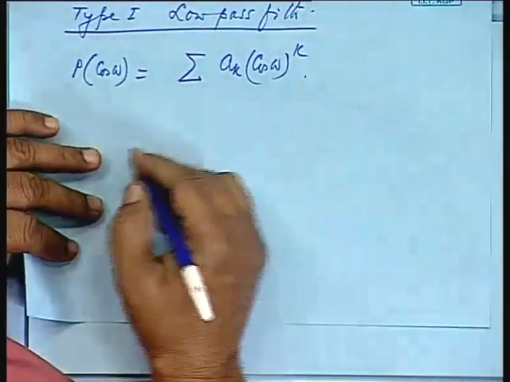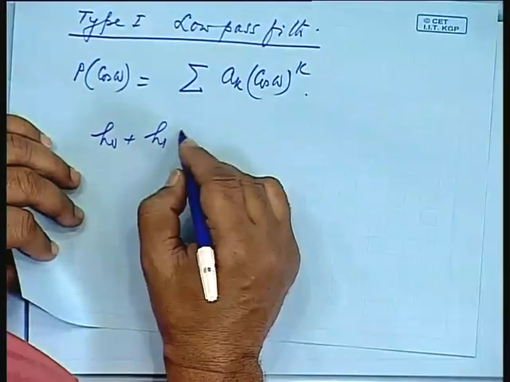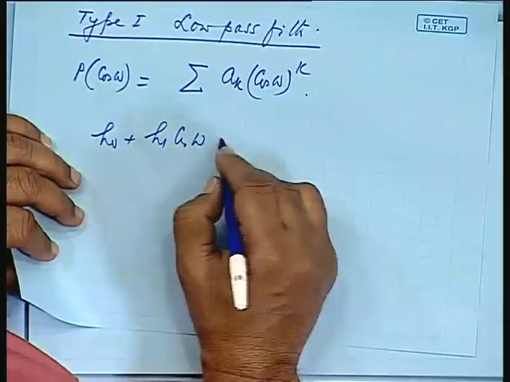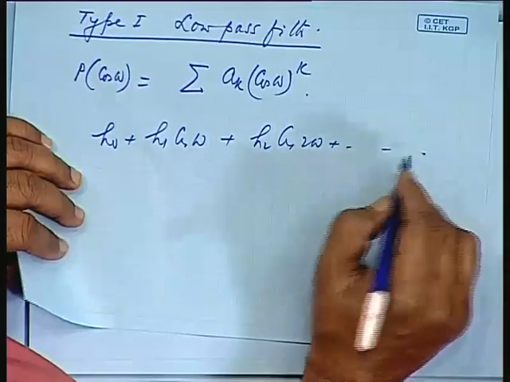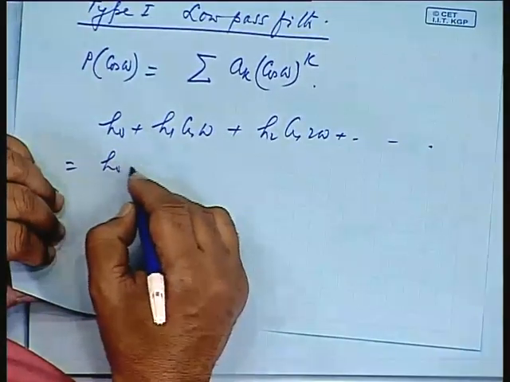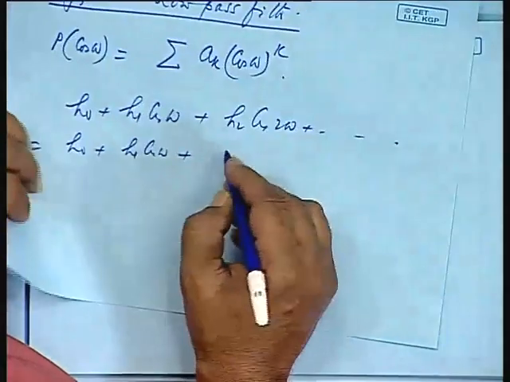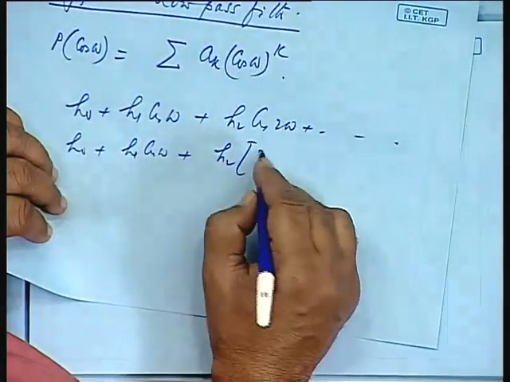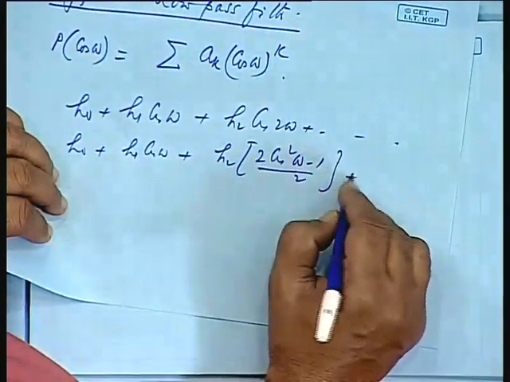For example, if you have h0 plus h1 cosine omega plus h2 cosine 2 omega and so on, I can always write cosine 2 omega as twice cosine squared omega minus 1, and so on.